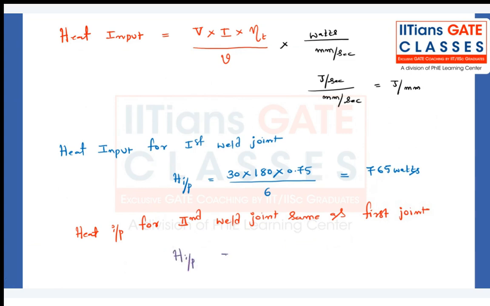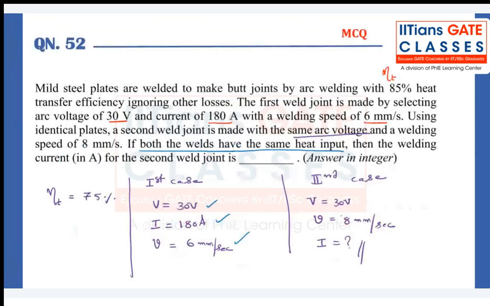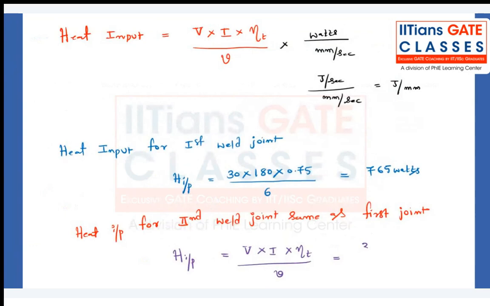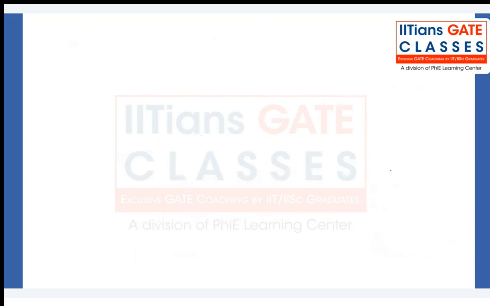Heat input for the second case, again V into I into heat transfer efficiency divided by welding speed, right? Now what is welding voltage? 30 volts, speed is 8. So 30 into I, we don't know, into heat transfer efficiency 0.75 and divided by 8. But heat input is the same now. That is why I just equate this equation with 765, right?